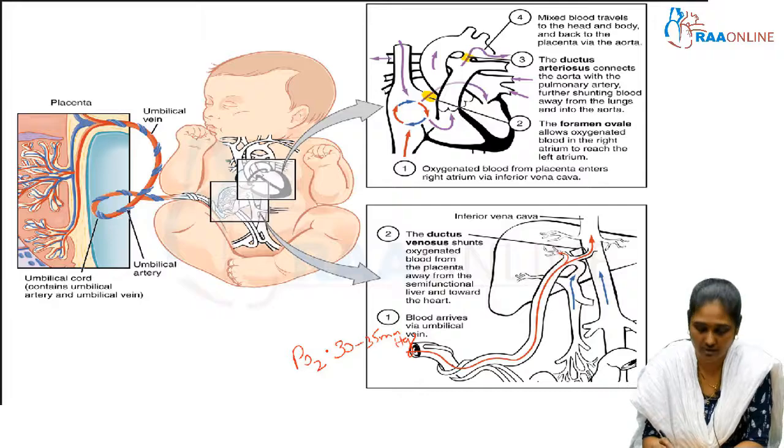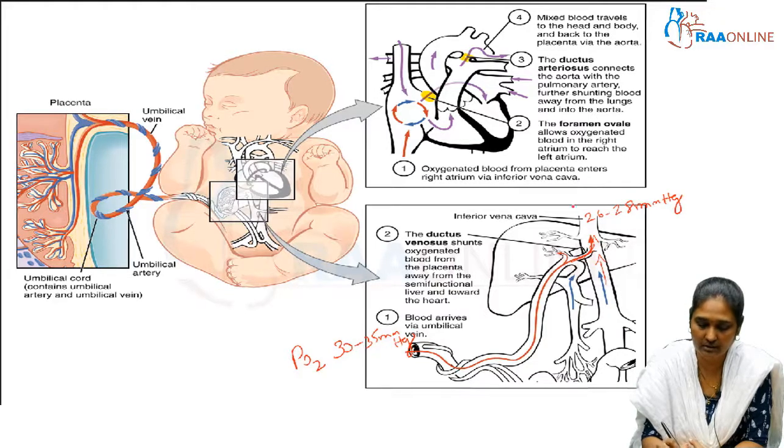So what happens when the blood passes via the ductus venosus into the IVC is that some amount of desaturated blood from the lower part of the body also combines here. So the oxygenated and deoxygenated blood get mixed up here, and the oxygen pressure comes down a little, to around 26 to 28 millimeters of mercury.